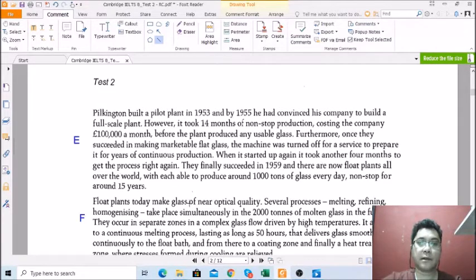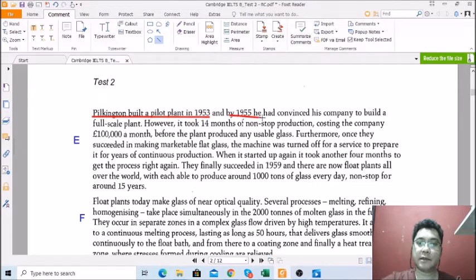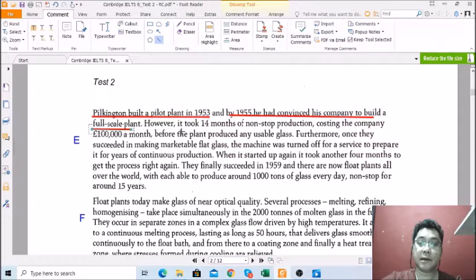Okay, well, in paragraph E, you can understand that Pilkington built a pilot plant in this year, but then 1955 convinced the company to build a full-scale plant. The interesting thing is that it took so long.